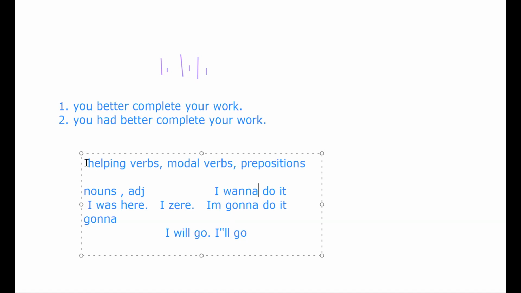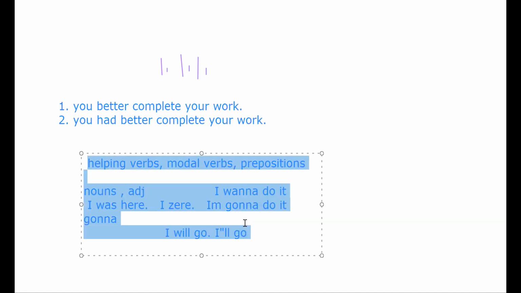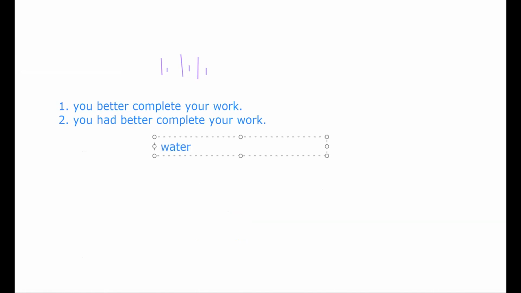Fine. Now, why I'm giving all this is "had better." Had better is actually a modal verb, right? But in spoken English, nobody uses "had." They say "better." Tell me, guys, how do you pronounce this?